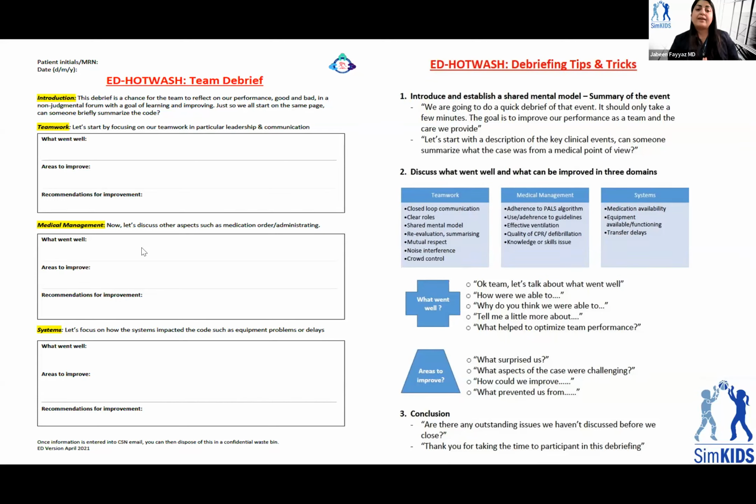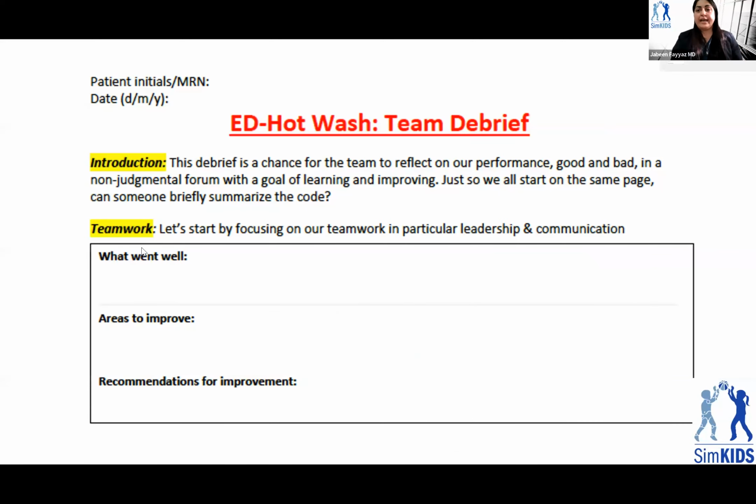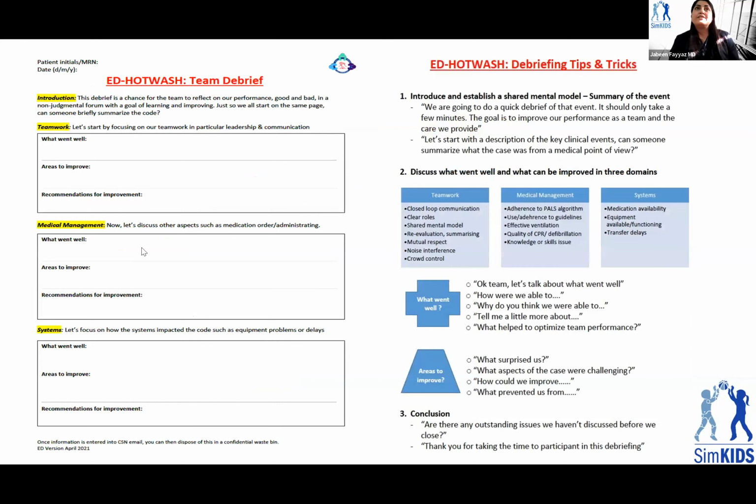By doing that, the good actions get reinforced and the areas of improvement get identified, and we start working on it in a lot of ways. The improvement is not only in developing order sets, in educating the team, but in bringing other teams together.